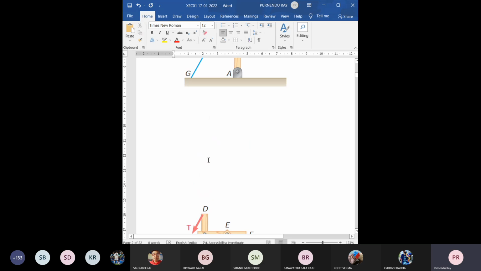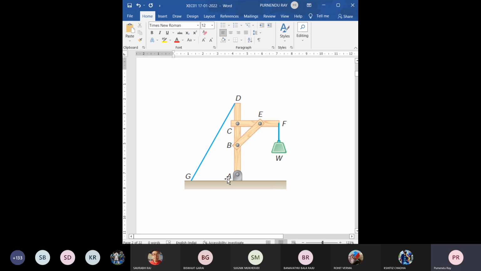So when you are considering this framework and you are applying some weight here and there is no force applied, it will automatically rotate about the point A and it will collapse in this clockwise direction. So it will fall on this side. To protect it from falling, we need to apply some force in terms of this rope GD.